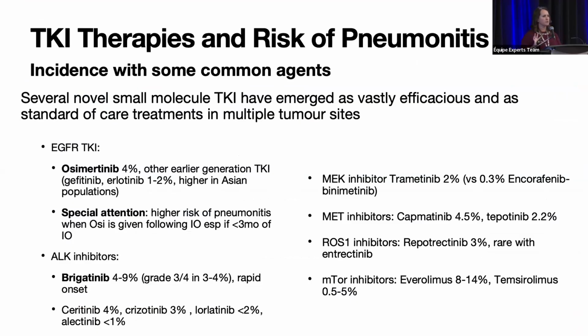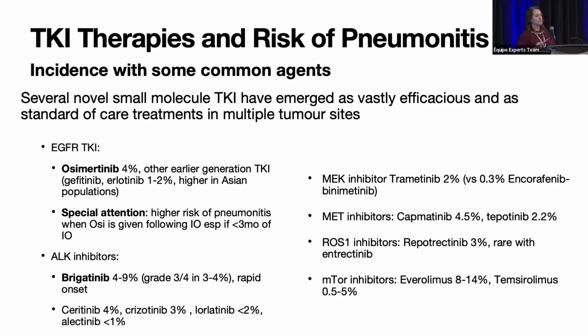And delving a little deeper into the TKI therapies, so these are some of the drugs that I use, certainly the EGFR inhibitors and the ALK inhibitors for my lung cancer patients. Osimertinib is a drug of particular interest, so an incidence of pneumonitis that's at around 4% and higher than the earlier generation TKIs.